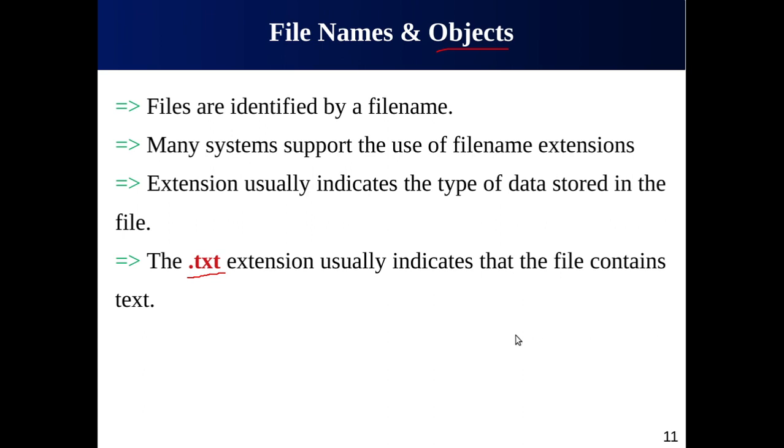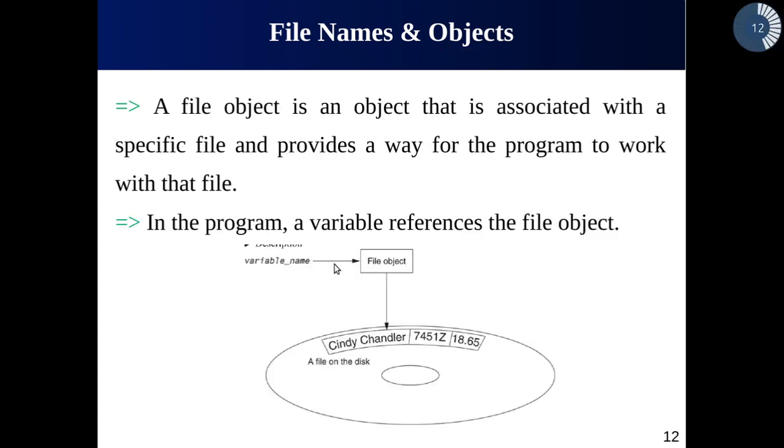And we will see in the practical session that we will be creating a file object, or a variable which will reference the file object. And this variable is used to carry out any operation that is performed on a file. So file objects are required to perform operations on that file. This concept can also be seen like this.